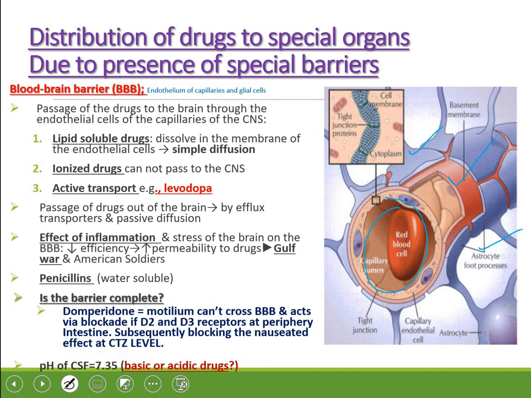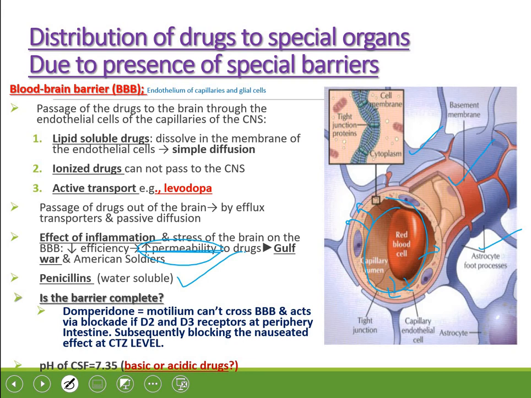So remember, studies have shown that stress increases inflammation, and once inflammation is increased, the porosity may increase, and then it can create problems for you. So the distribution of the drug is increased. Why? Because of the increased permeability.